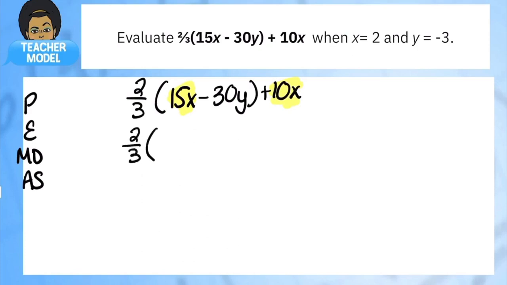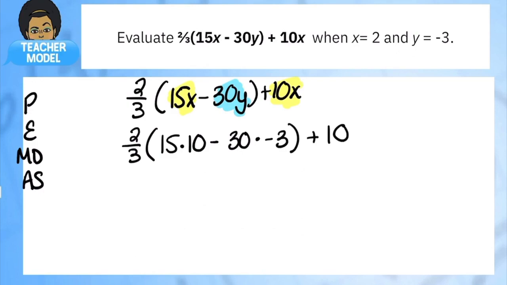So 2/3 times 15 times 10 minus, and here I have where y is, I'm putting a -3, minus -30 times -3 plus 10 times 2.